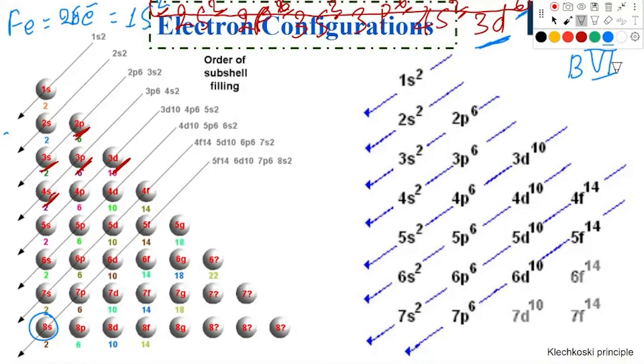B6 and period. For the period, you can see here which number is the biggest. We have 2, 3, 3 here, 4. So it stays in period 4. So group B6 and period 4. Let's check together. Is it correct or not?